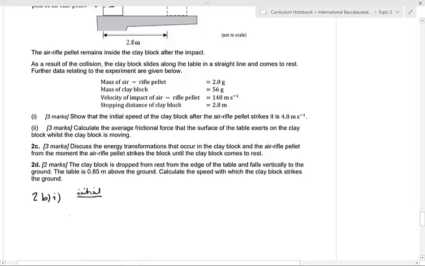So initially we have the little pellet and we have the block. The pellet is moving, and we can say that Pi is just going to be equal to the momentum of the pellet.